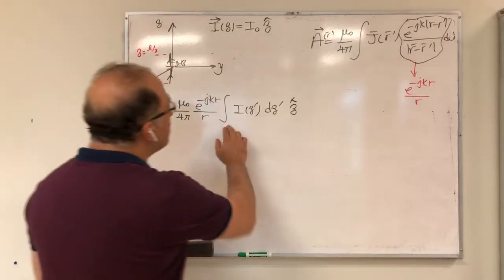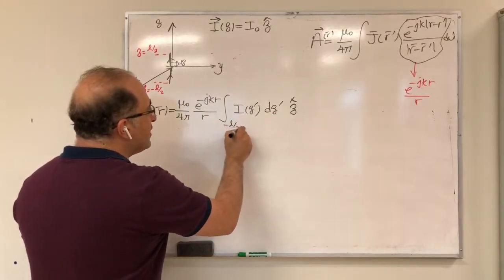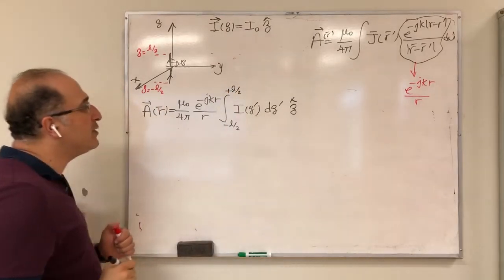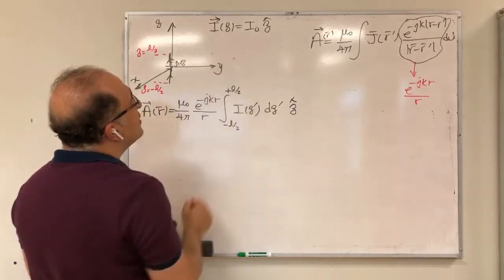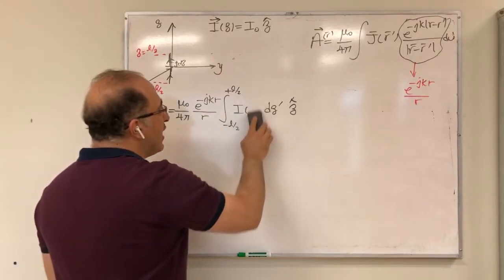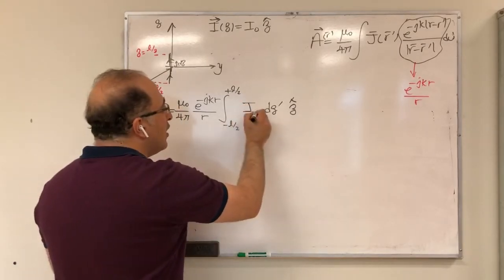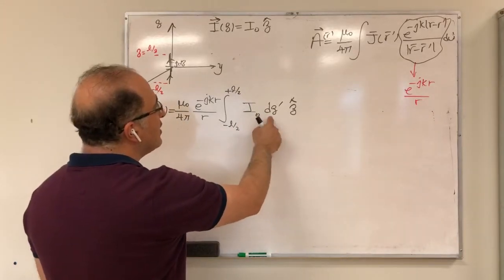And now the limit of integration, of course, is from minus L divided by 2 to plus L divided by 2. So that's my limit of integration. And I also know that my current is I naught, so I can just remove that and write I naught here. This is constant, and you're integrating it over lengths.